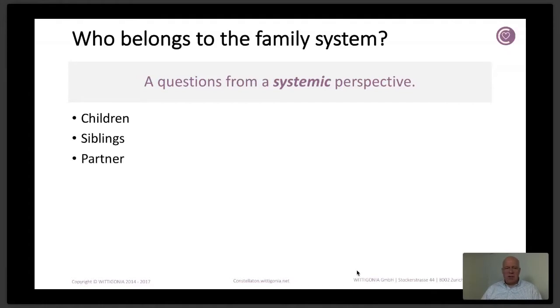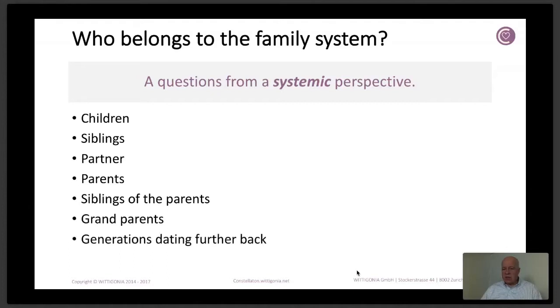Then the siblings, our partners, where we have partners, and parents, of course. And it doesn't matter if the family members are still there and still alive. They still belong to the family as a system. And also the siblings of the parents, so the aunts and uncles, and of course the grandparents and great-grandparents, and generations which go back much further.